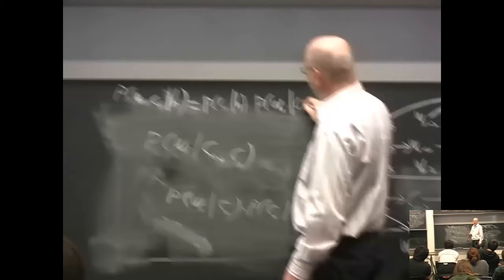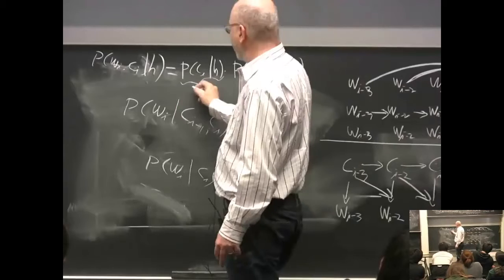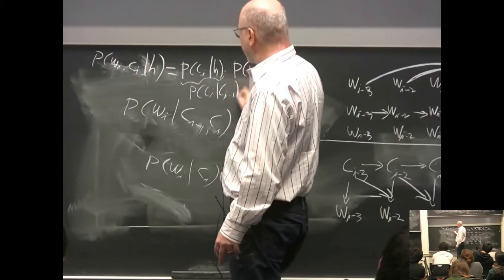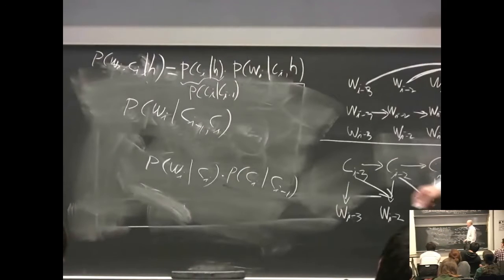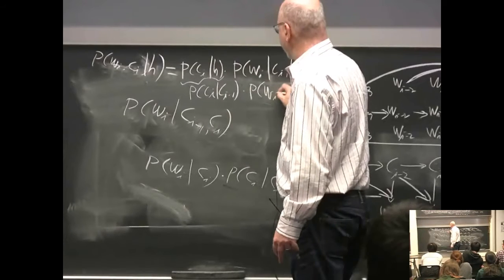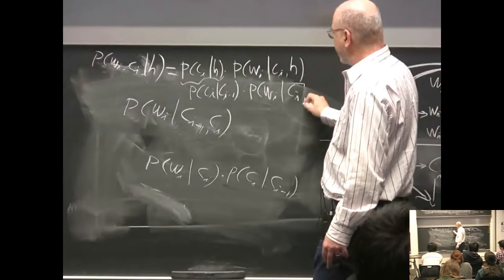Right? This is just a chain rule. And now I know that P of Ci given the history can be written as P of Ci given Ci minus 1. That's the bigram assumption on the latent variable. And P of Wi given Ci has to be written as P of Wi given, this depends on Ci and Ci minus 1.